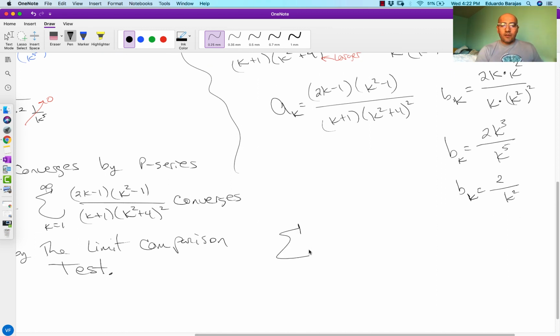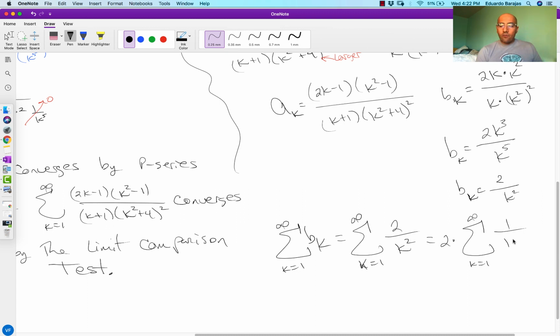So the sum as k goes from 1 to infinity of b sub k is equal to the sum as k goes from 1 to infinity of 2 over k squared, which is equal to 2 times the sum as k goes from 1 to infinity of 1 over k squared. This converges by the p-series.